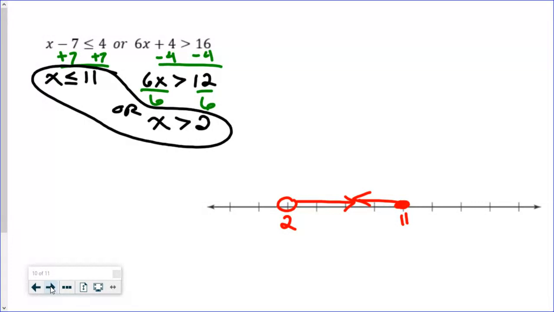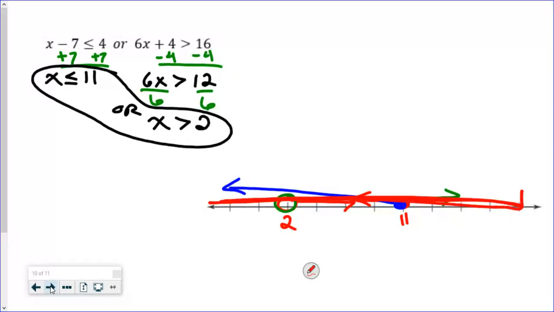This line keeps going this way, and this line keeps going that way. So what ends up happening is the entire line is getting shaded because they're going off in both directions and it's an or statement. So watch that on the homework and in the formatives.